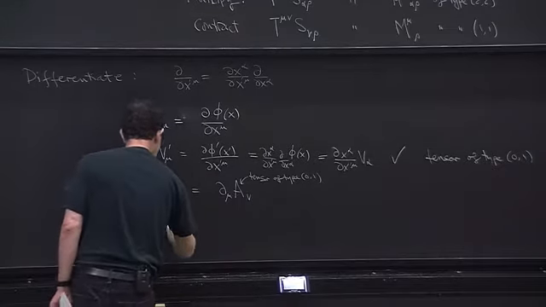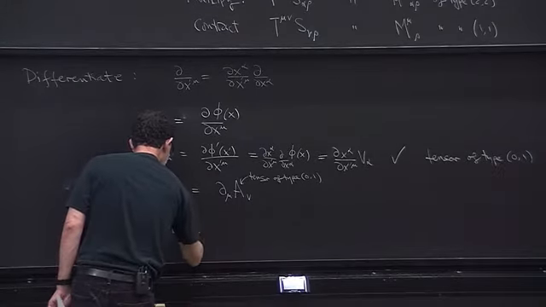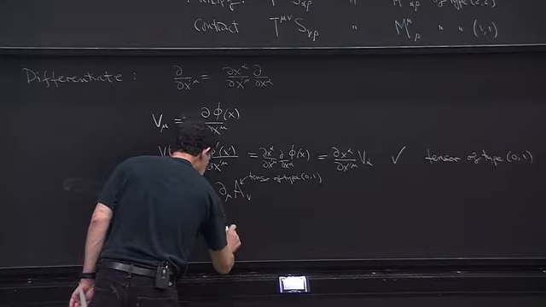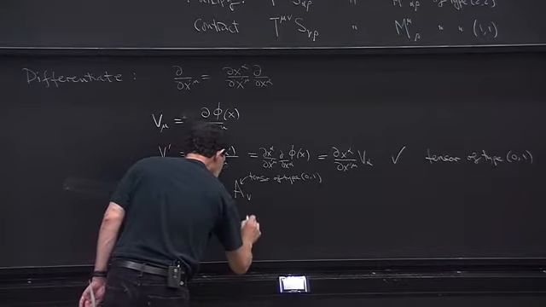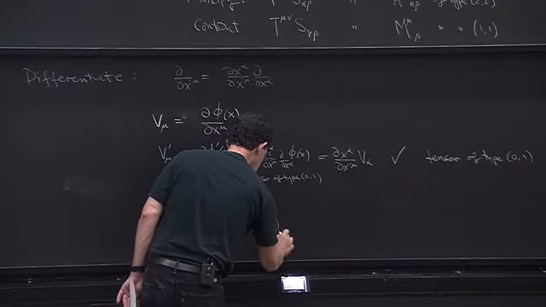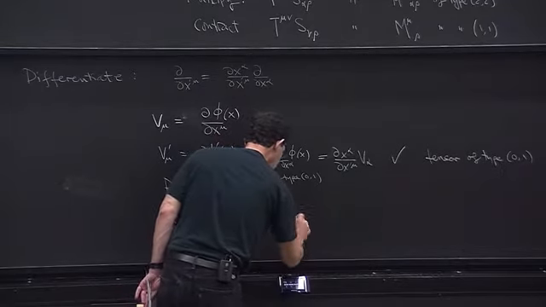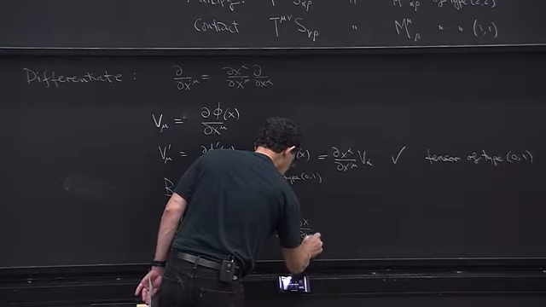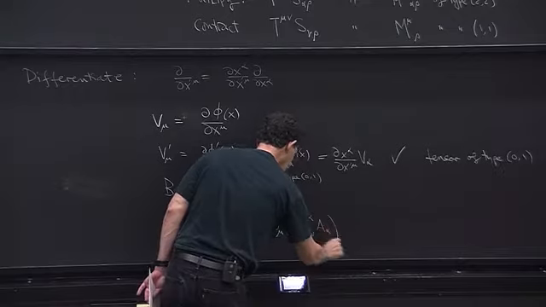Let's try it again. B mu nu prime is d prime mu a nu prime. But now this has a Jacobian matrix, right? So I get d mu prime of dx prime nu over dx alpha a alpha.